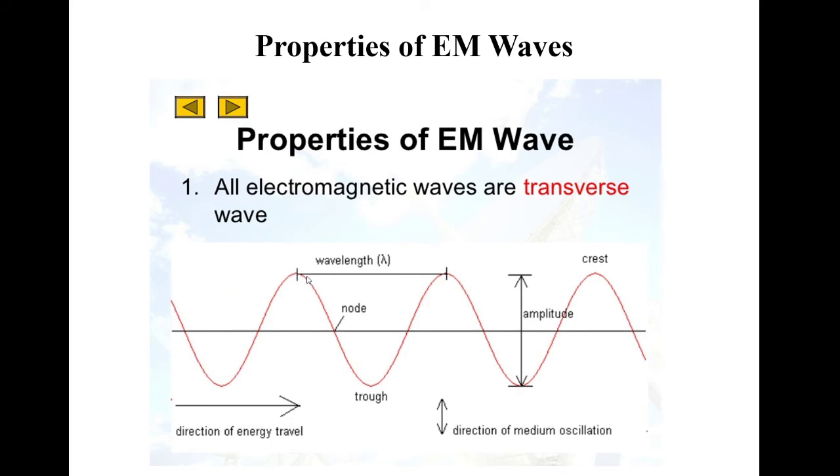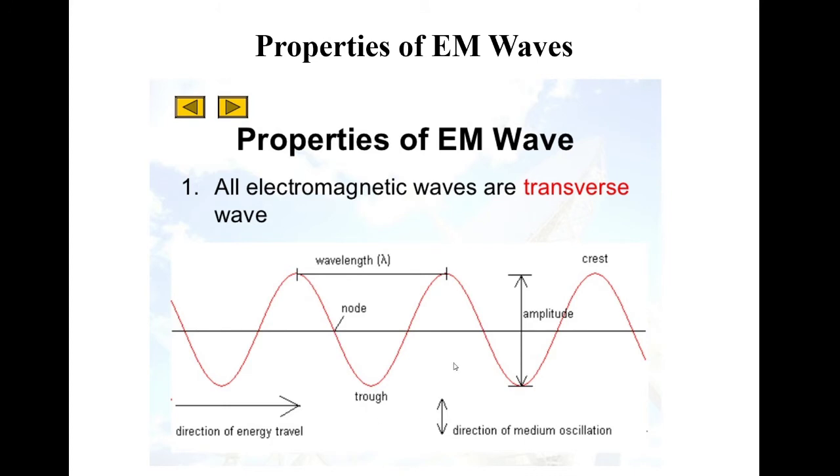And so the amplitude refers to the distance of the peaks, okay, the peaks and troughs. A trough, of course, is the negative side, right?